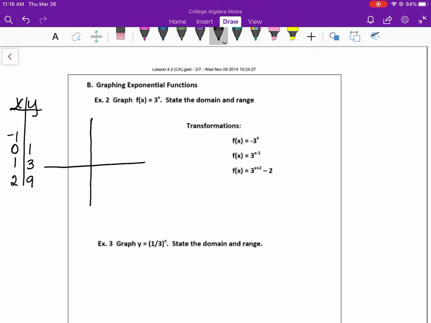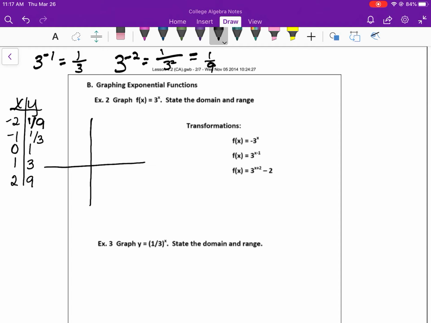If I do a -1, 3 to the -1st is 1 over 3. Remember, to make a negative exponent positive, you're going to put it in the denominator. If I do a -2, it's going to be 1 over 3 squared, 1 over 9.